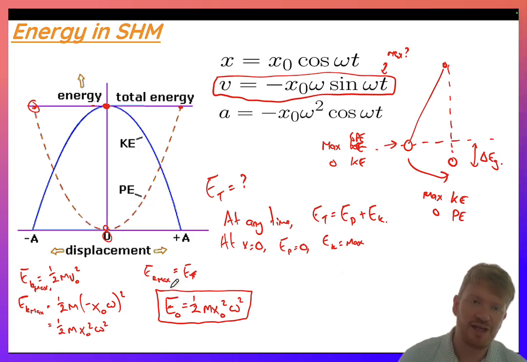So long as I know the amplitude and the angular velocity of an object, I can always find its energy, and that energy will stay the same at all times. So what is the maximum potential energy? When the kinetic energy is 0, all of the total energy comes from the potential energy, so the maximum potential energy will also be a half m x naught squared omega squared.